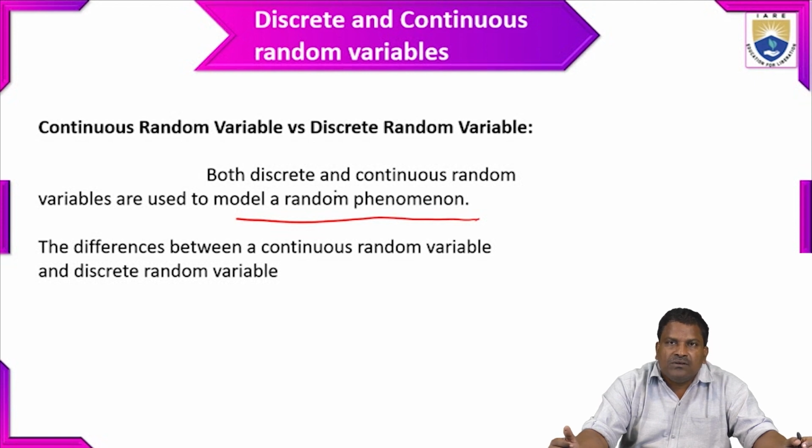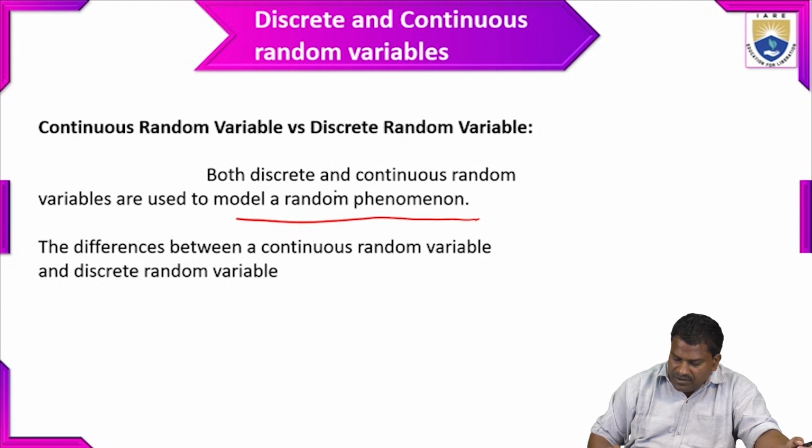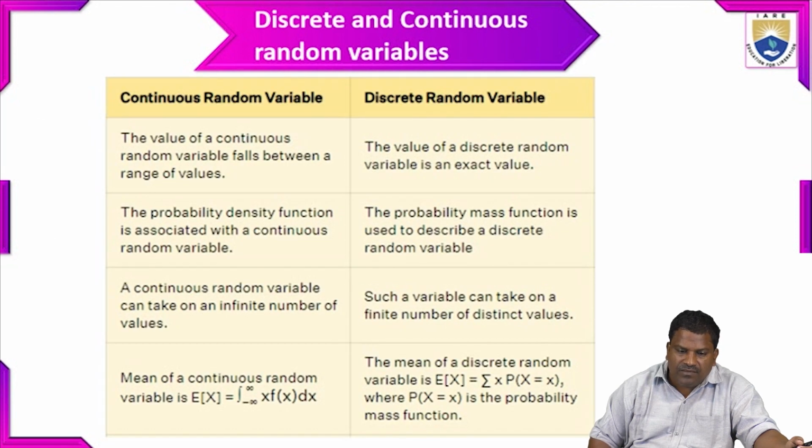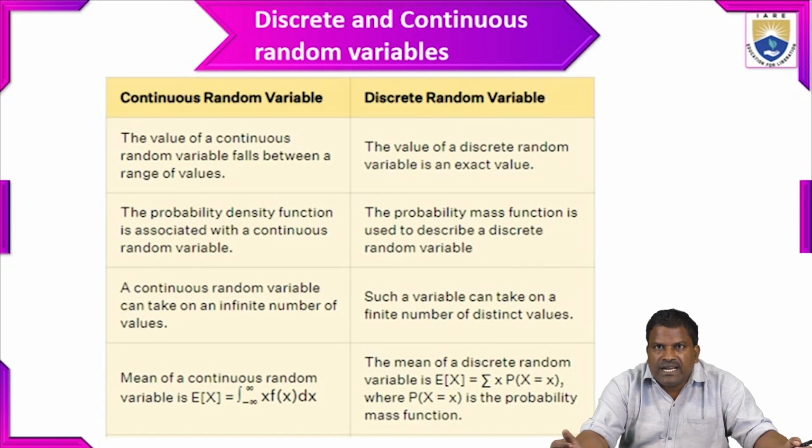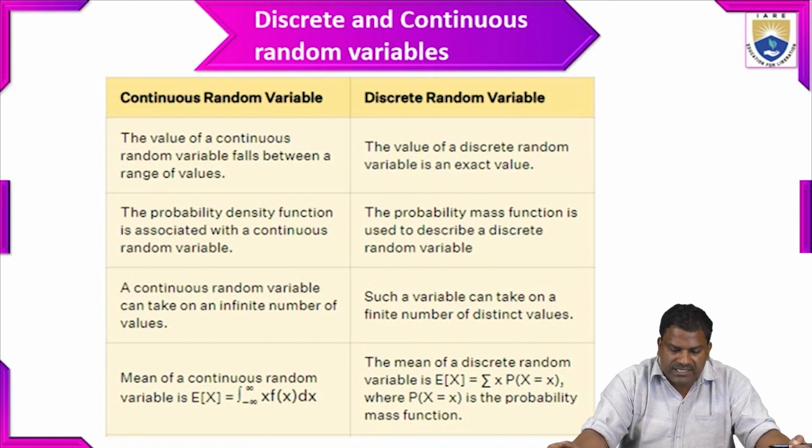The differences between a continuous random variable and discrete random variable we can categorize and analyze like this.